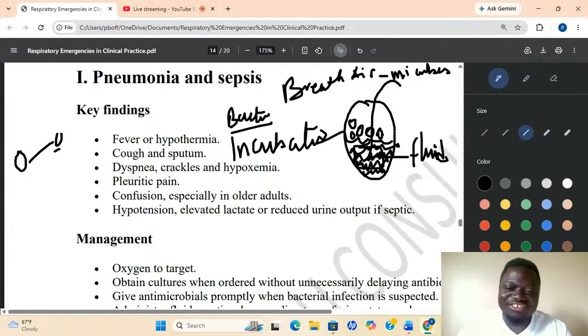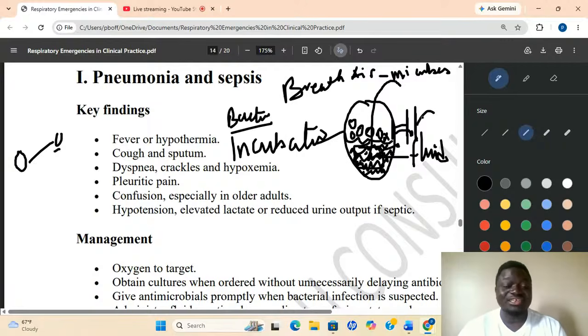These bacteria will be eating on the lining, breaking blood vessels and finding their way into the bloodstream. They find their way into the bloodstream and start causing what? Inflammation, systemic inflammation in the blood. There's going to be a response, heat production and increased metabolism.